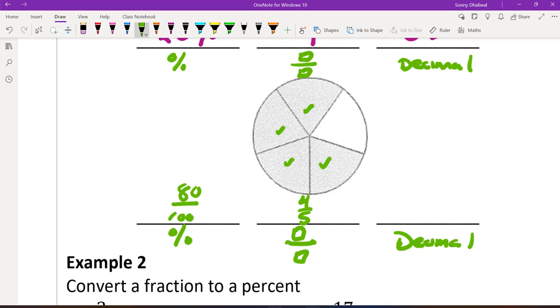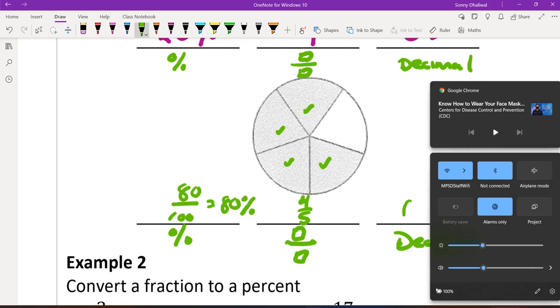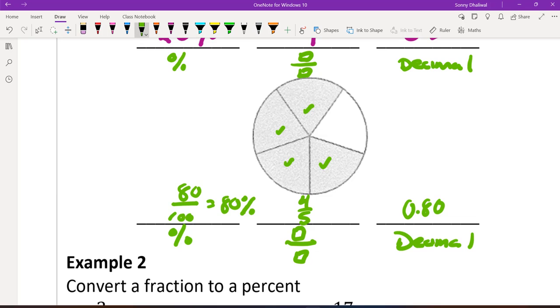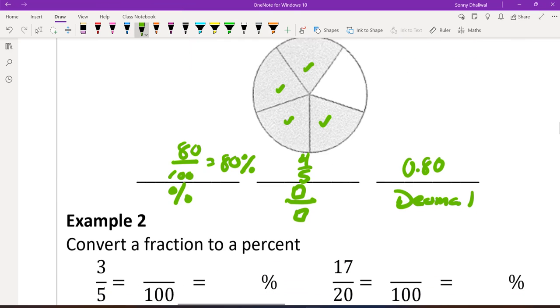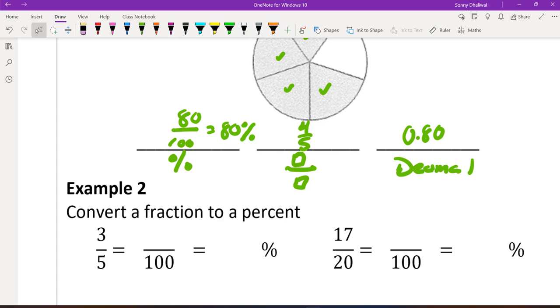So 80 out of 100, which is 80%. How about the decimal? 0.8. You can convert the percentage to a decimal by dividing by 100, or you can just go 4 divided by 5 on your calculator. That's probably the route I would have gone, but it all depends on what you see.